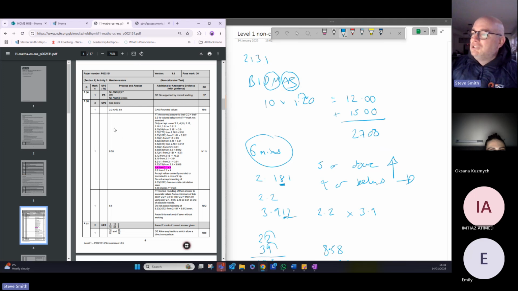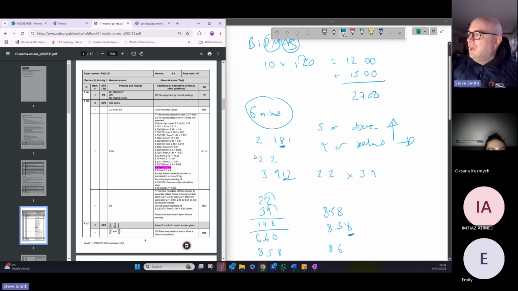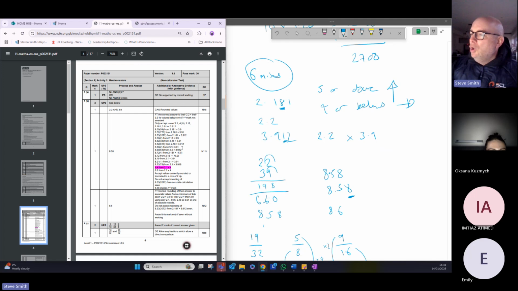If we go to question 1B, we had to round those numbers to 1 decimal place, which we did, 2.2. Yep. 3.9. Yep. Multiply them together, and we got 8.58. Yes, we did. And then we rounded it up to 8.6. So it's showing you there, the first mark is awarded for rounding those numbers.